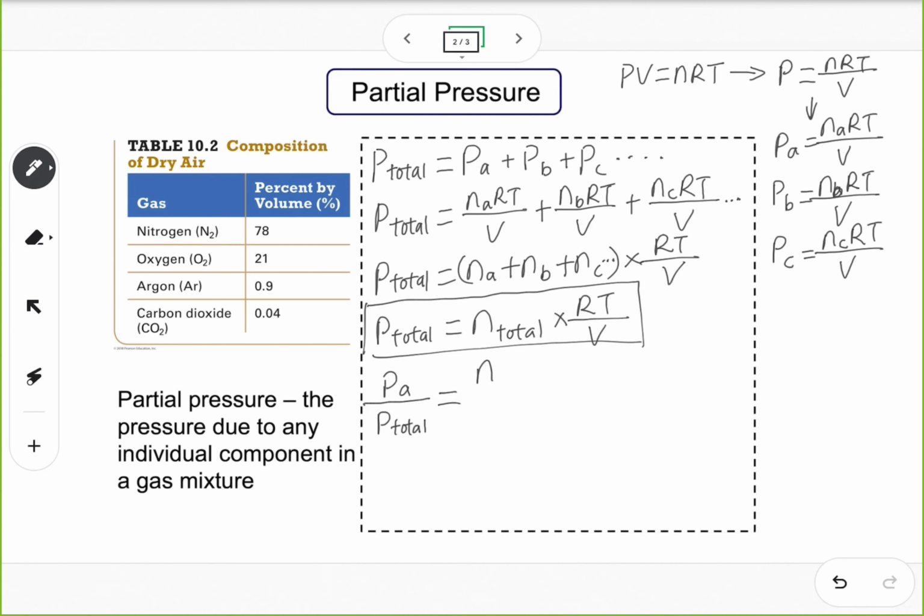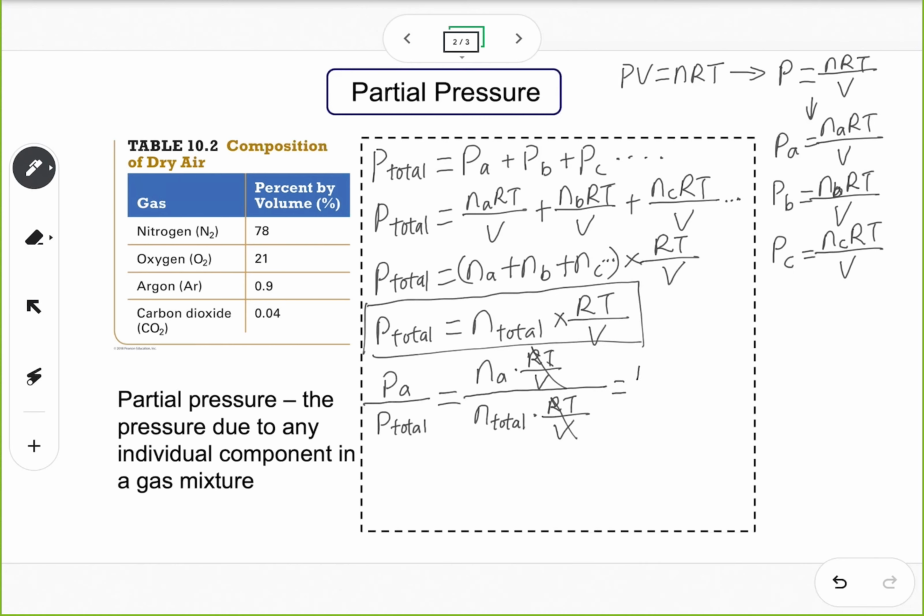PA equals NA times RT over V, and P total equals N total times RT over V. Since they share this RT over V, it can be cancelled.